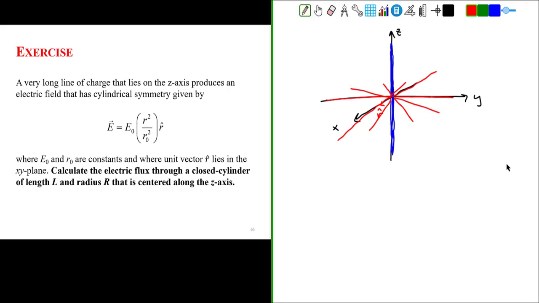Well, let's take a top-down view because you might not be able to see that so well from this vantage point. If we take a top-down view looking down from the positive z-axis, the x-axis would be pointing straight down, the y-axis would still be pointing to the right, and the line of charge is lying parallel and on the z-axis, and the electric field is cylindrically symmetric.